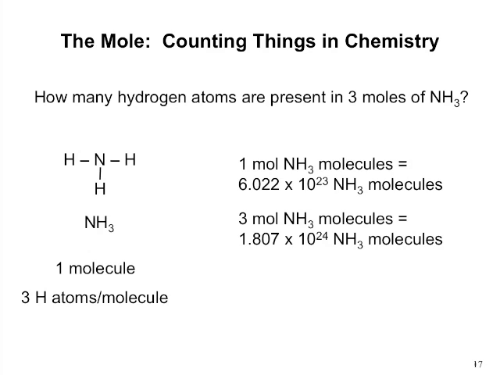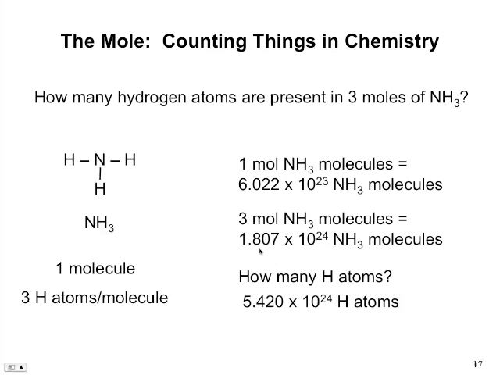Now, the question is asking how many hydrogen atoms are present? Well, if we now know the number of molecules we have, and we know that there are 3 hydrogen atoms per molecule, you just take this number and multiply by 3, and we should roughly get 5.4 times 10 to the 24th hydrogen atoms. So that addresses the question.